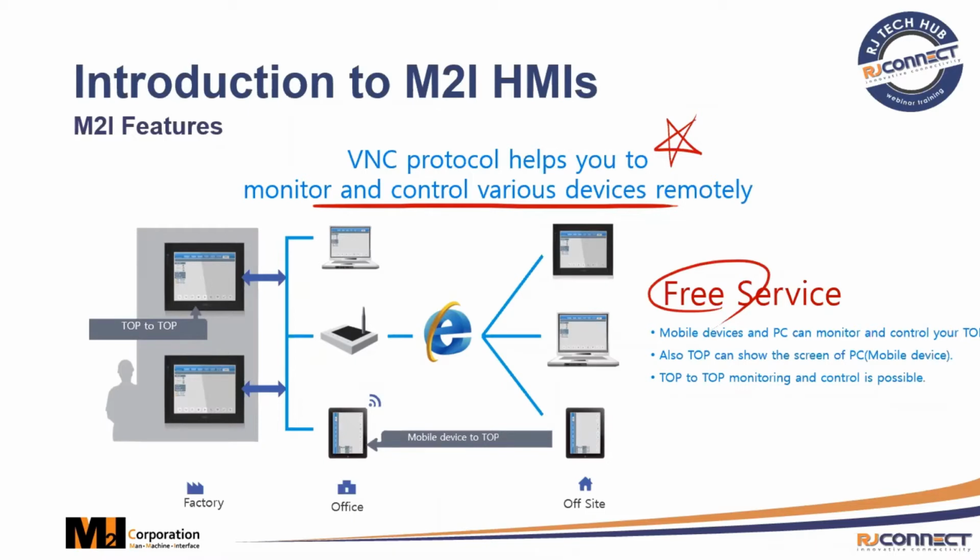It can be installed on Android and Apple devices, as well as Windows PCs, also Linux PCs, which means that in the office environment, let's say your HMI is at the machine, next to the machine, and you want to be able to see what's going on, you can log in via VNC from your office computer and then monitor the system and control the system as well. You can also do a top-to-top VNC, which allows you to connect from one HMI to another using this VNC functionality.